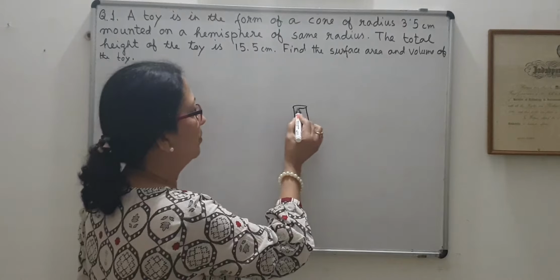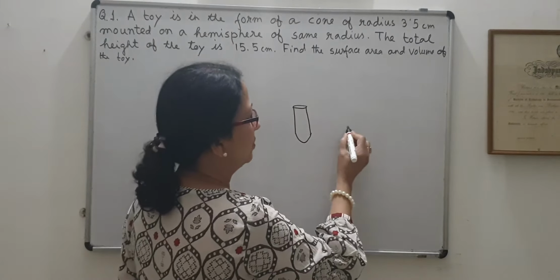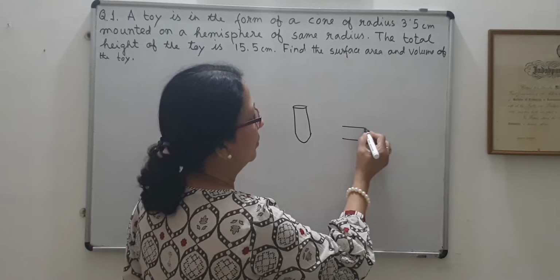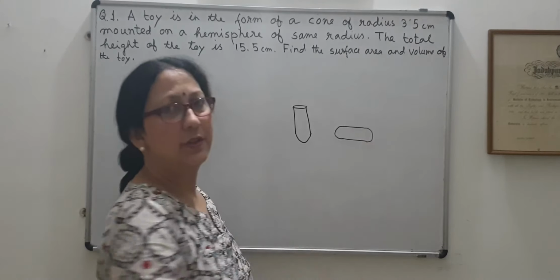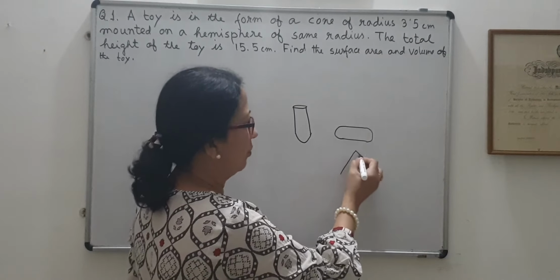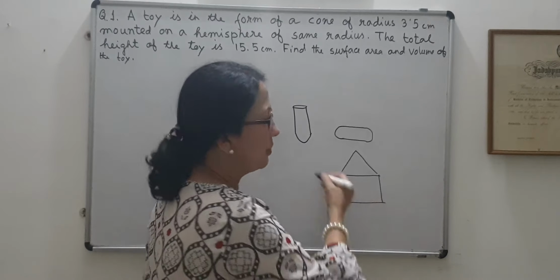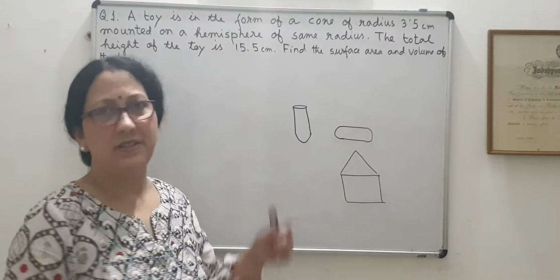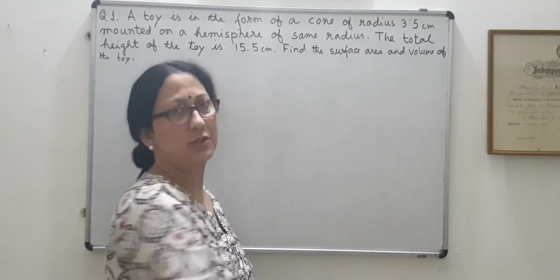Then medicinal capsules are also a combination of a hollow cylinder with hollow hemispheres. Circus tents are a combination of cone and cylinder. So in reality, we come across combinations of some basic solids. That's why it is so important to remember the formulas of the basic solids which you'll be using.